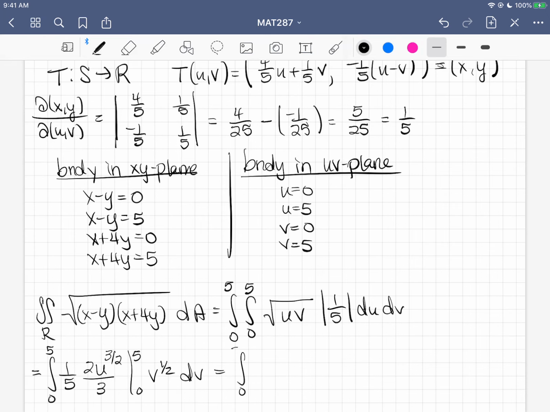That's going to be the integral from 0 to 5 of, I'm going to have a 5 to the 3/2 there, and so a 5 is going to cancel in my numerator and denominator, so I'm left with 2 root 5 over 3 times v to the 1/2 dv. I have 2 root 5 over 3 times v to the 3/2 times 2/3, evaluated from 0 to 5.